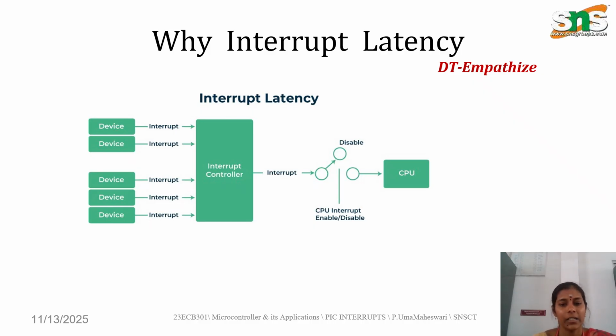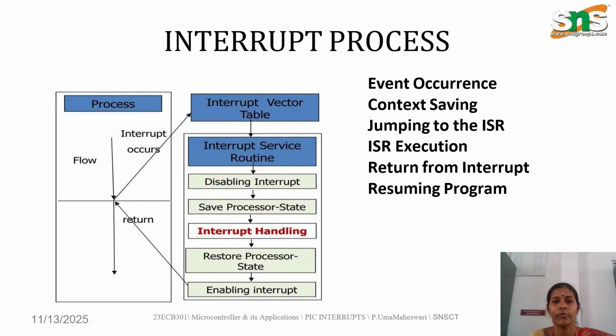These events can be external or internal. When the interrupt happens, the microcontroller saves the current position and state, and jumps to the ISR, the interrupt service routine, to handle the event, and then it restores the state to continue the main program where it was left off.